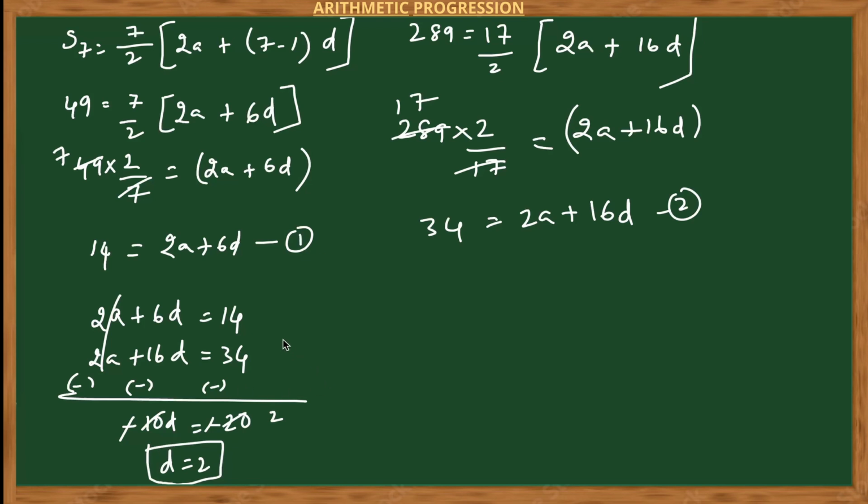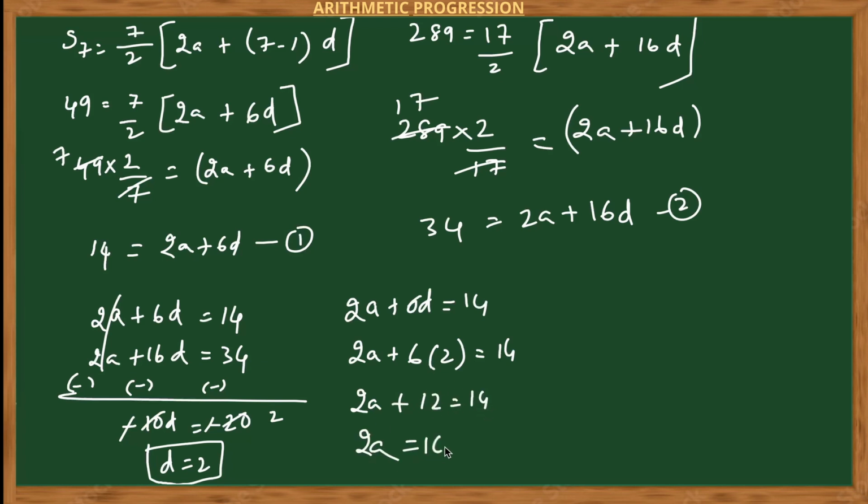Okay, so substituting d in one of the equations, 2a plus 6d is equal to 14. So 2a plus 6 into 2 is equal to 14. 2a plus 6 twos are 12, so 2a is 14 minus 12, 2a is equal to 2.